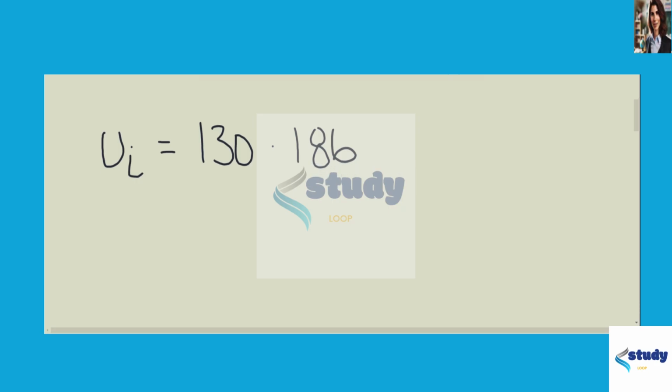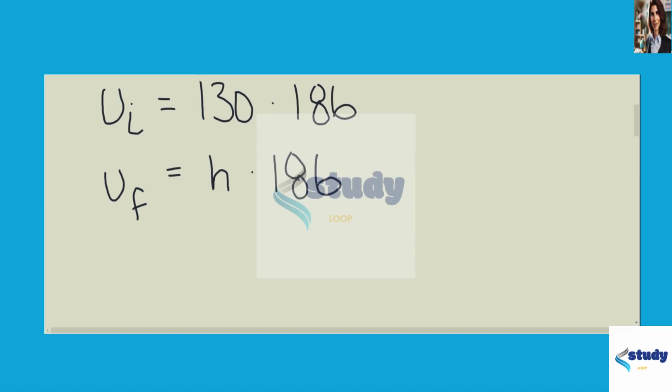We won't calculate that just yet. Now our final is going to be whatever the height is multiplied by 186. But having the term height in this equation doesn't really help us.